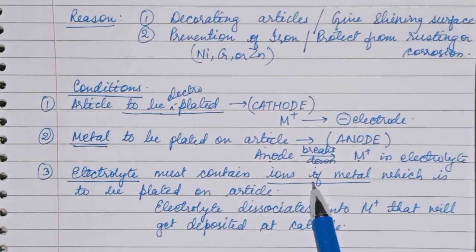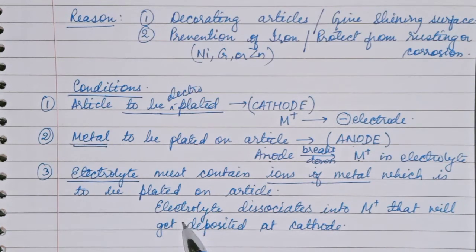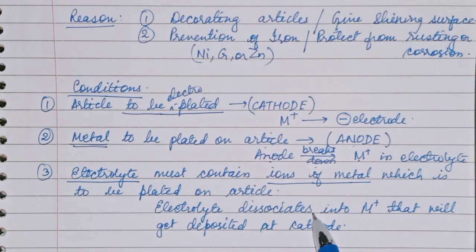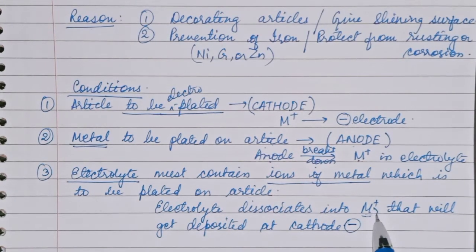Because the metal which we want to plate is present in the electrolyte, it will get dissociated when electric current is passed and produce that metal ion, and the metal ion will move towards the cathode, because the cathode is the negatively charged electrode.